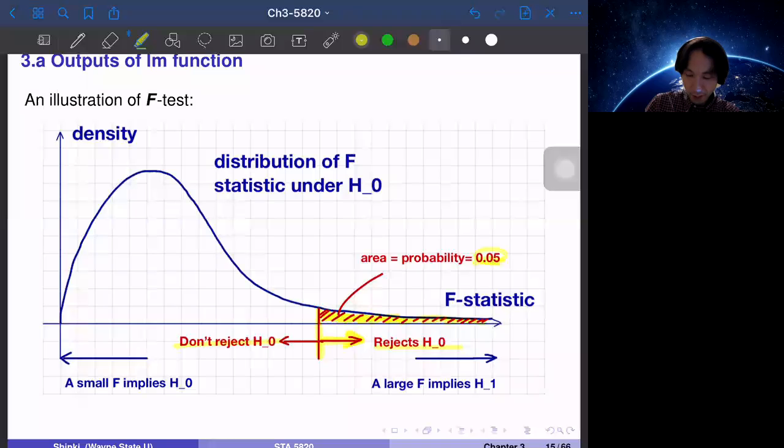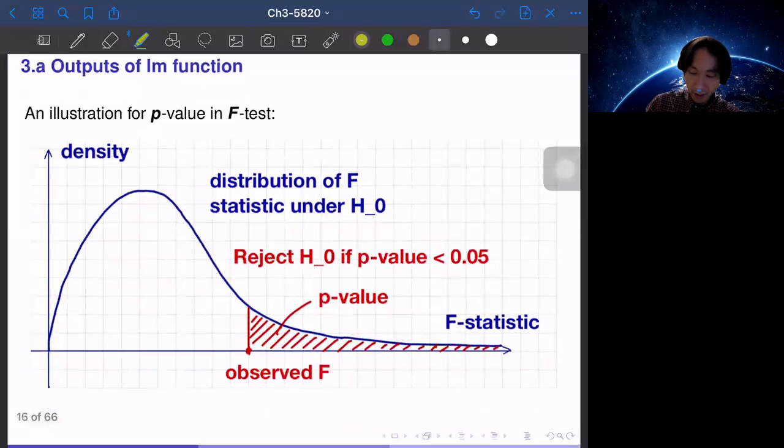Another way to test is to get the p-value. If we have an observed F value, in the last example that was 719, then we can calculate this area. That is the p-value. Last time that was a very small number, smaller than 2 times 10 to the power negative 16.